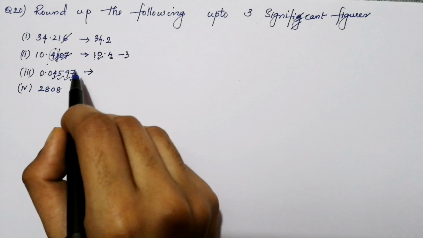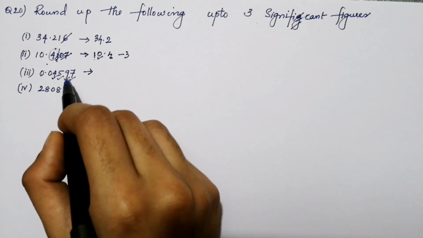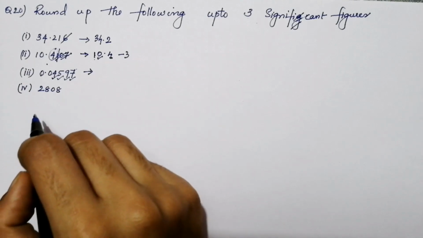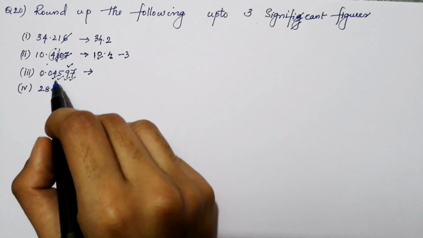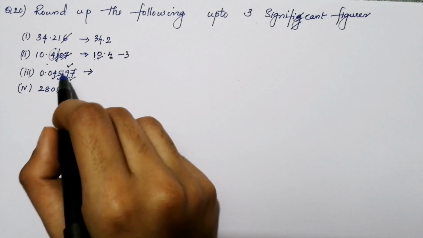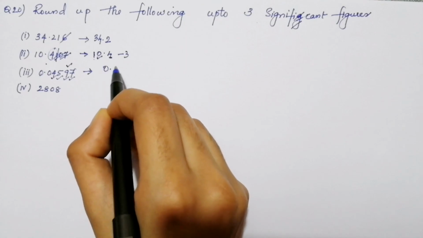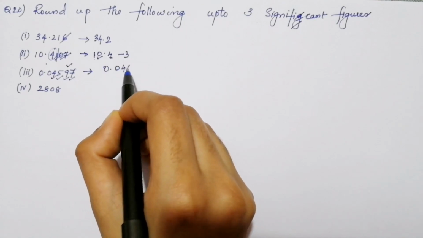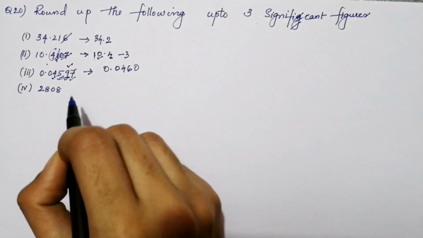Now, let us try to round it off to 3 significant figures. Here, let us eliminate the last significant figure. We know that this is 9 which is more than 5. So we are adding 1 to it. So it becomes 0.0460. We have converted this 59 into 60.